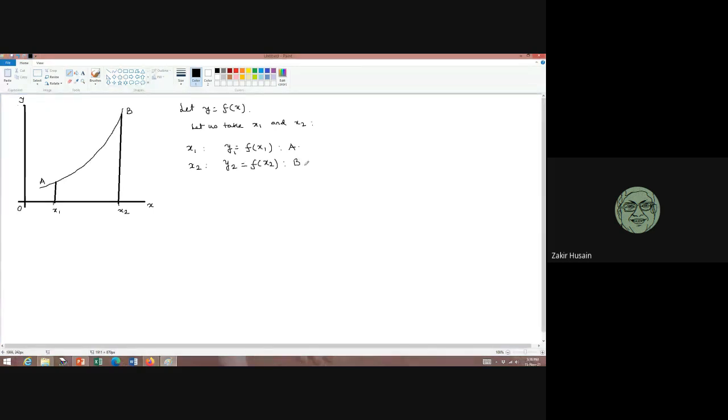This is given by point B. So this is y2 and this is y1. Is it clear, everyone?